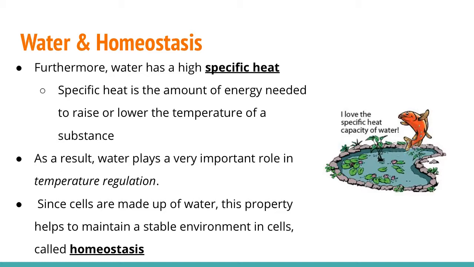If we give these people water, then what we would see is they'd have an easier time regulating their temperature. And not all things are going to have the same specific heat. Something like a metal has a very low specific heat in comparison to water's high specific heat, so metals heat up and cool down very quickly, whereas water doesn't do that.